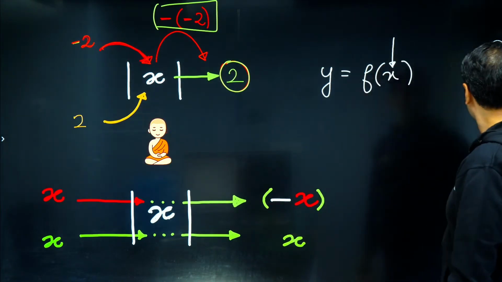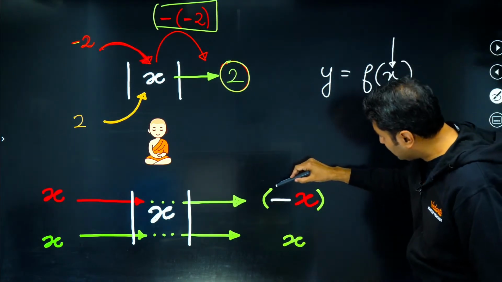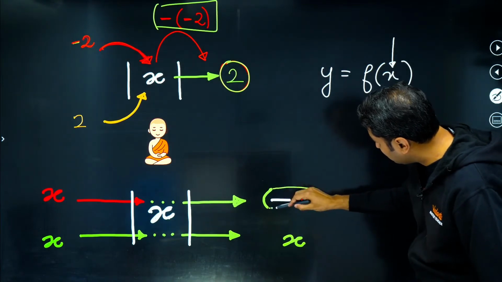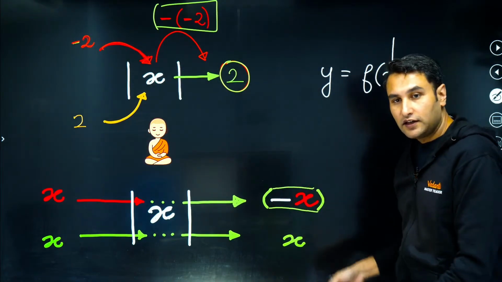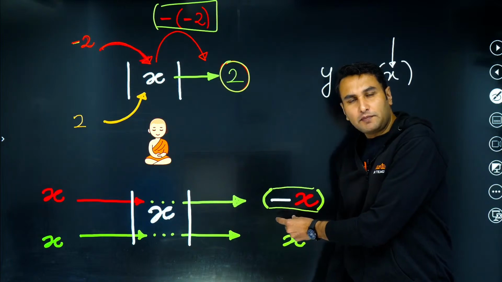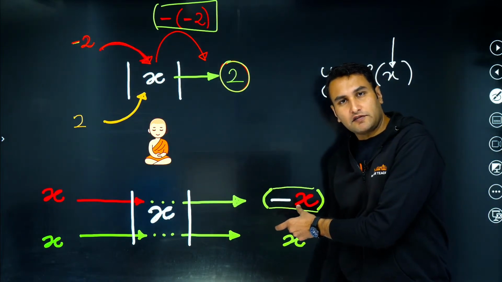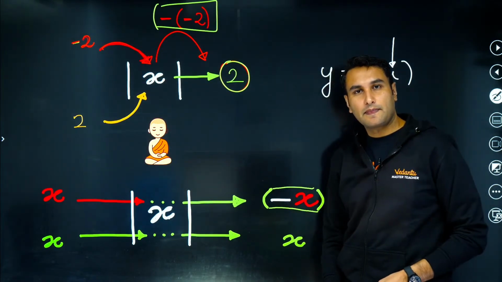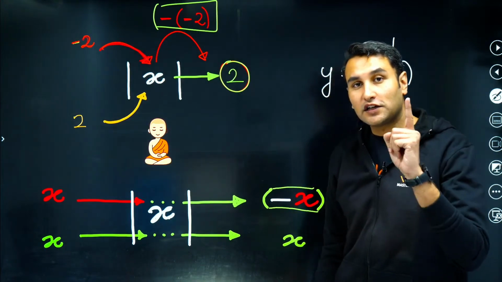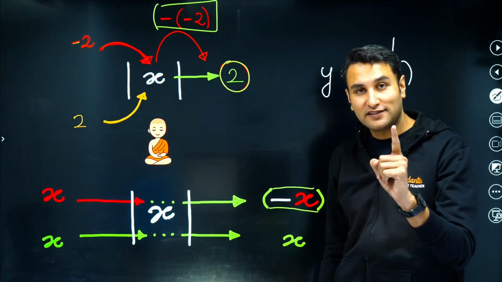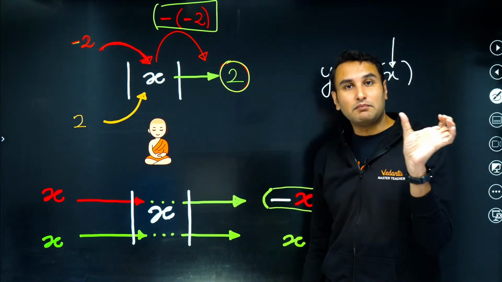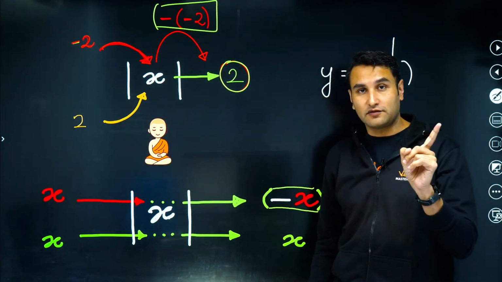So when you give it a negative sign, do you see this entire thing has become what? This -x. Can you tell me what is this -x? Is it a positive number or a negative number? This -x. Don't get confused by the minus sign, right? Anything with a minus is not always negative.